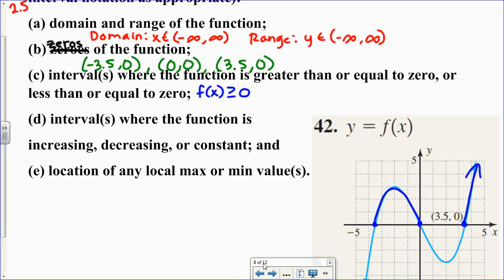Write that as an interval in terms of x. We have equal to, so I can use brackets. I'm including those points. So it would be from negative 3.5 to 0, and then 3.5 to positive infinity.